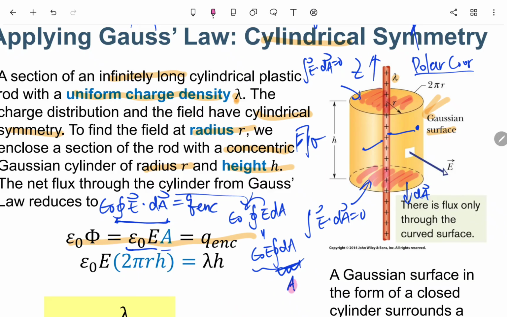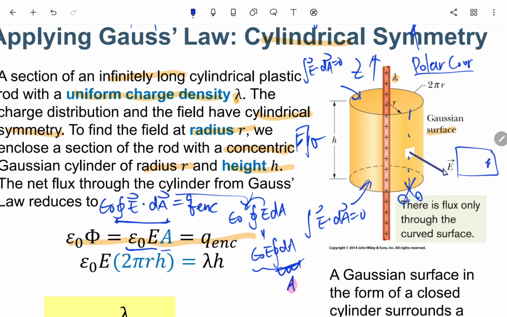But this A is actually the surface area of the side. So what is the area? Let's cut it out and expand it, and it turns out to be a rectangle.